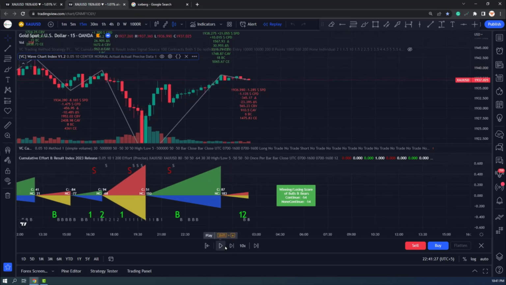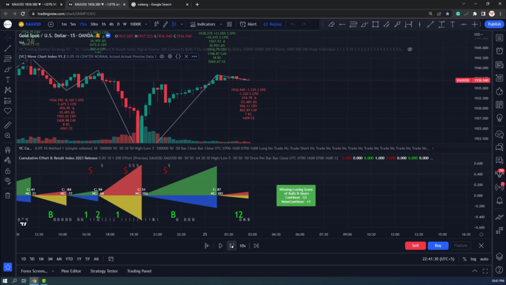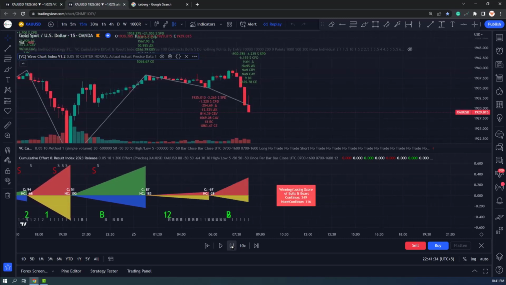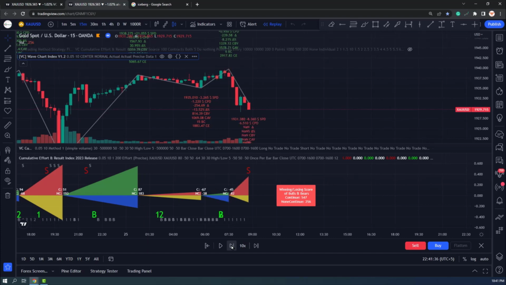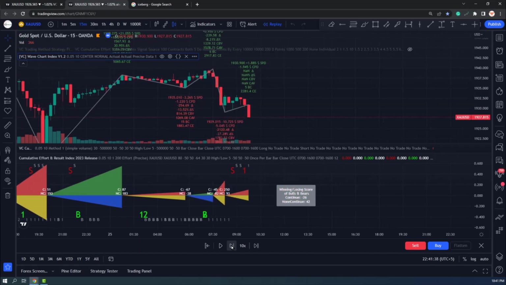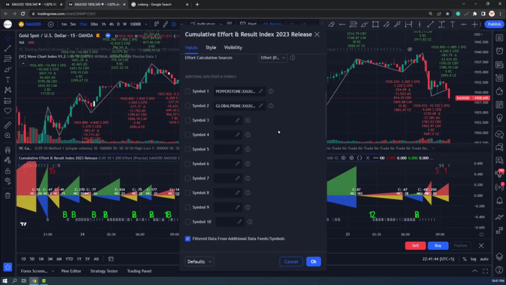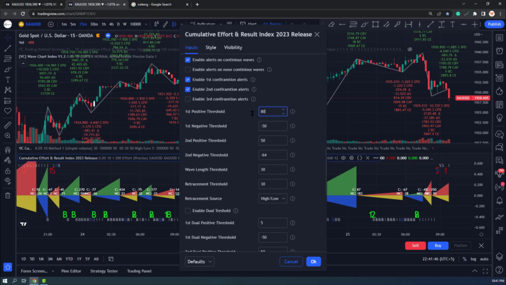Let me bar replay it, so that I can check if it's retraced. No. Let me set a kind of lower threshold here.